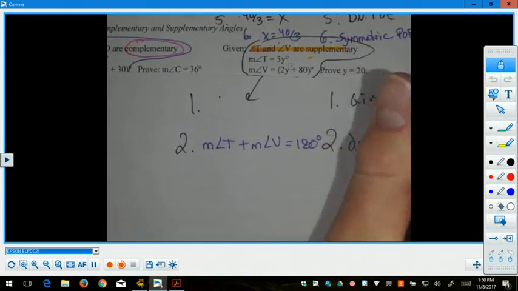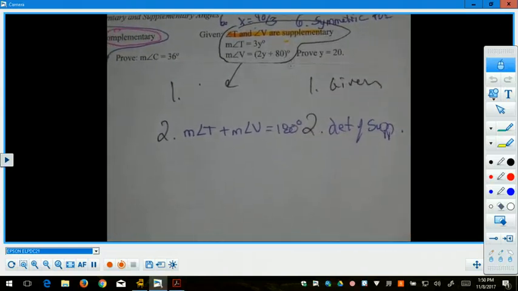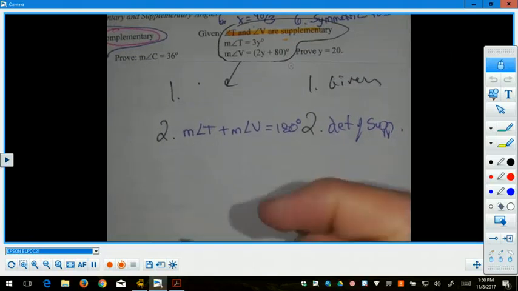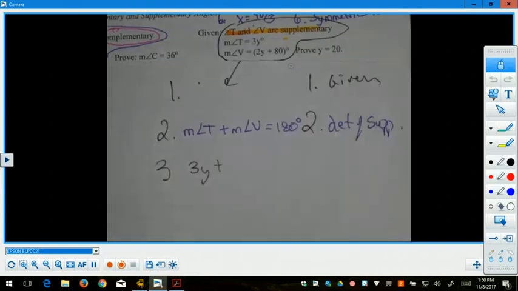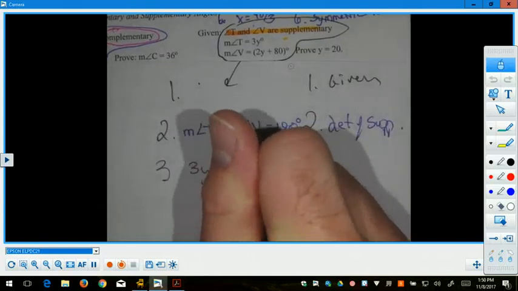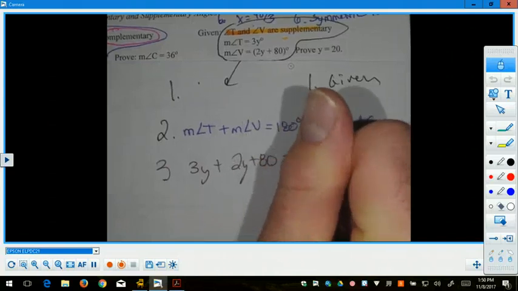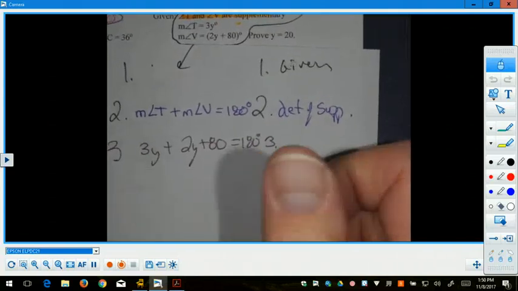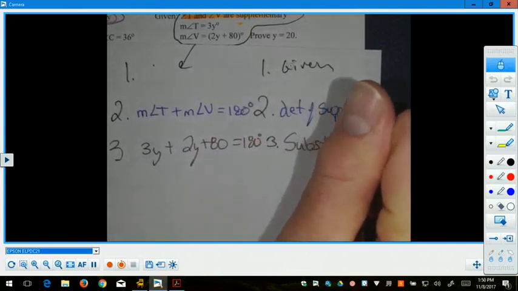So this is the definition of supplementary. There's our key vocab coming off of the flipper. Now we're going to plug in the 3y for T and the 2y plus 80 for V. And since we plugged those in, the reason will be substitution.